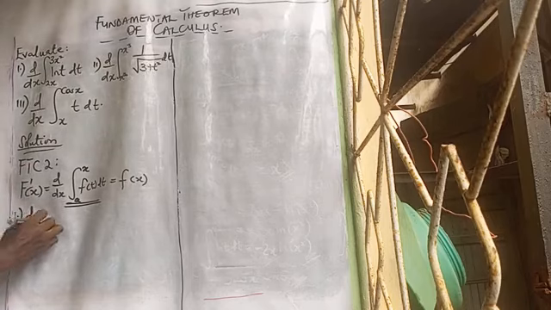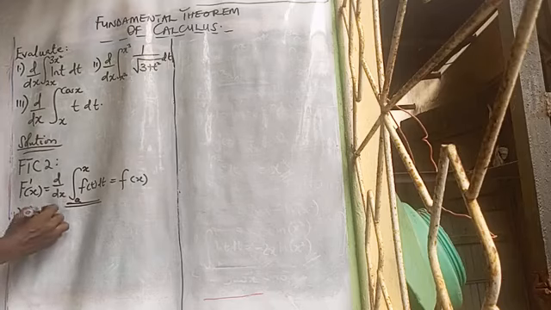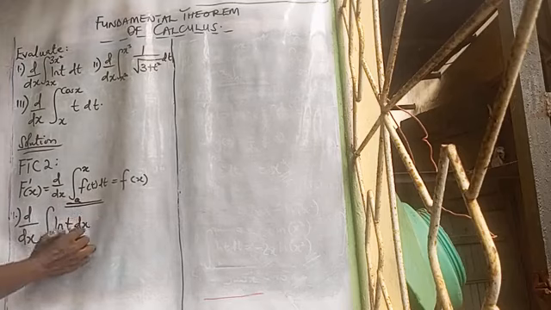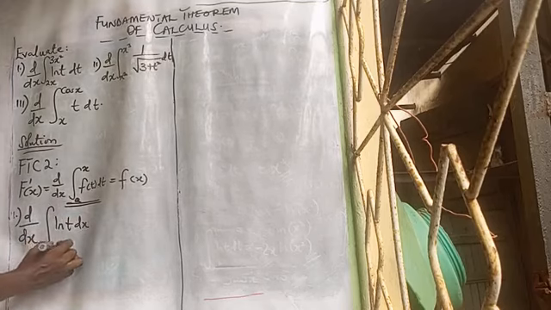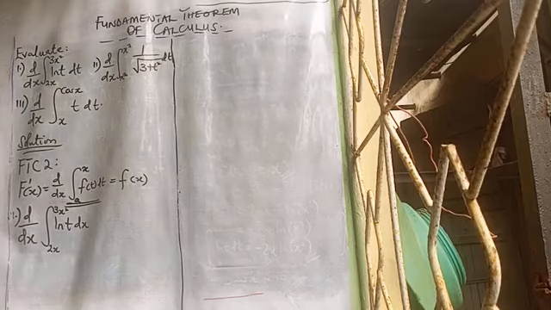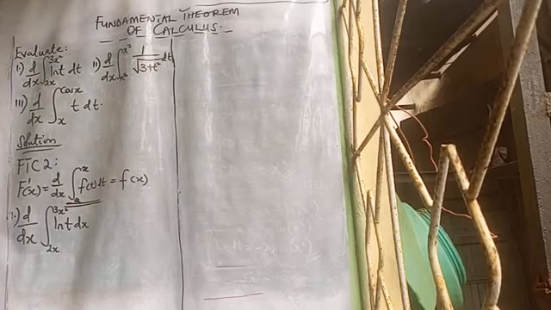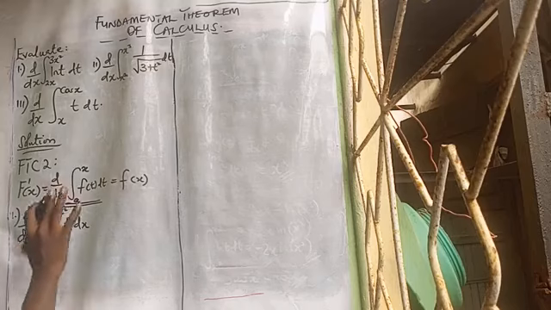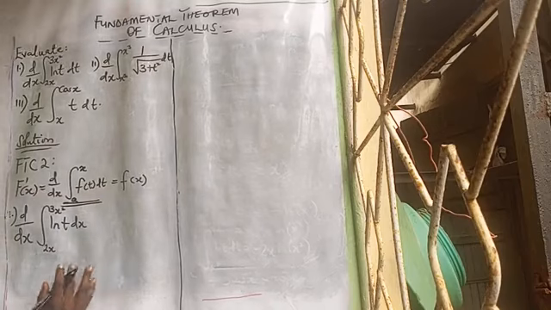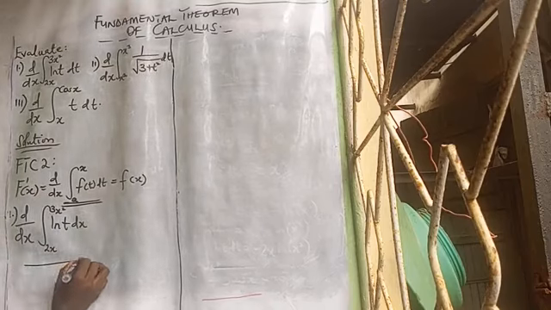It says we should evaluate d dx of the integral of ln t dt from 2x to 3x squared. When I have a question like that, remember, when we are talking about the fundamental theorem of calculus, we talk about the closed interval ab.